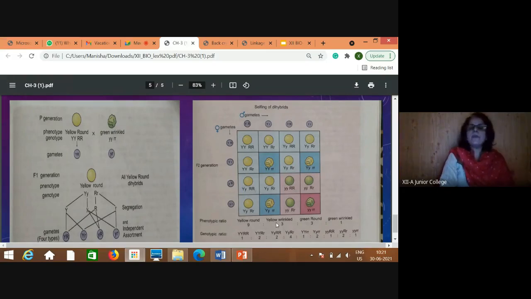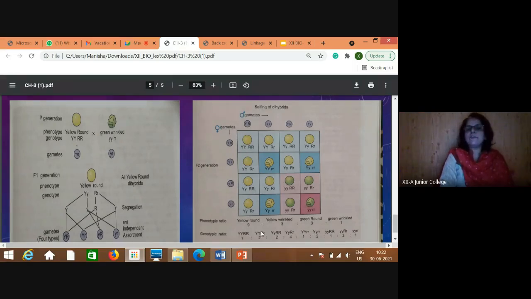So when a dihybrid cross is performed, the phenotypic ratio is always 9:3:3:1 in Mendel's experiment. Whereas the genotypic ratio, we will not concentrate much on this, because you can count it: totally homozygous dominant only one, homozygous recessive only one.